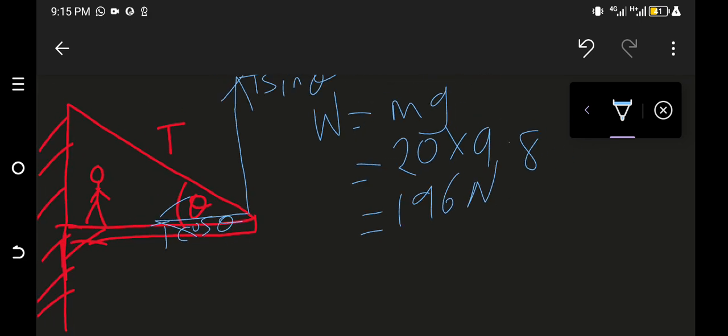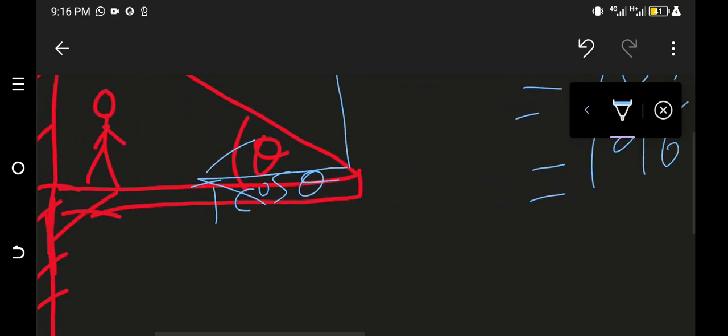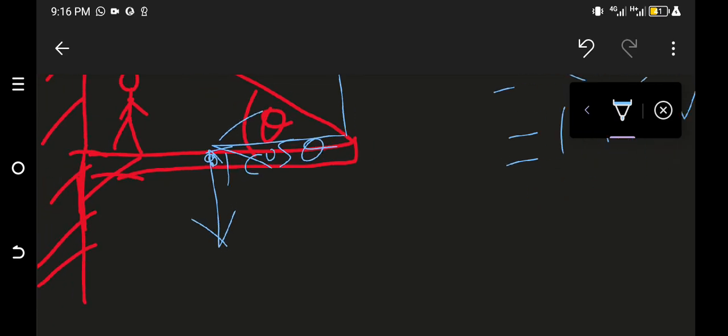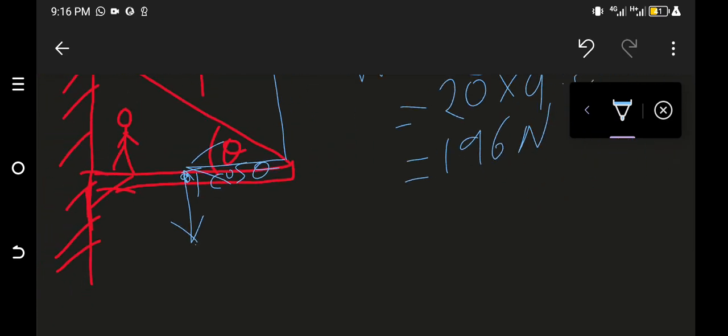So where is this weight of the beam acting? The weight of any object acts at its center. So the center is where the weight of the beam will act. Okay, so we have to show it. Approximately it's this part here. So we have to show 196 newtons.